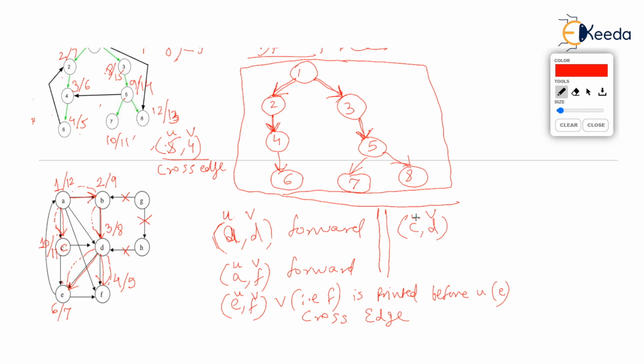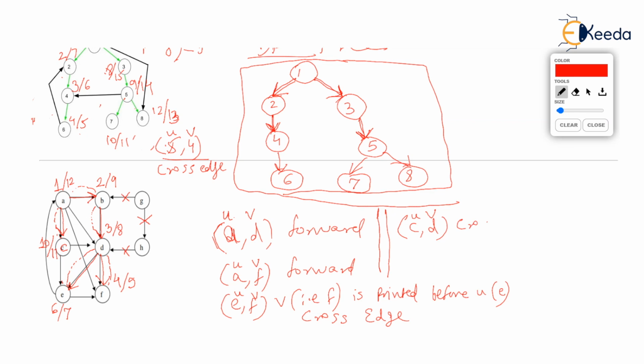I'm not saying it will be a back edge, but there is one more criterion. V is printed before U, and there should be a path from V to U. Then only it is a back edge. So there should be a path from D to C. Let's see, is there any path from D to C? Absolutely not. You can see there is no path. You can go, of course, from D to F, but from F there is no path to C either. So there is no path from D to C. So this is also a cross edge.